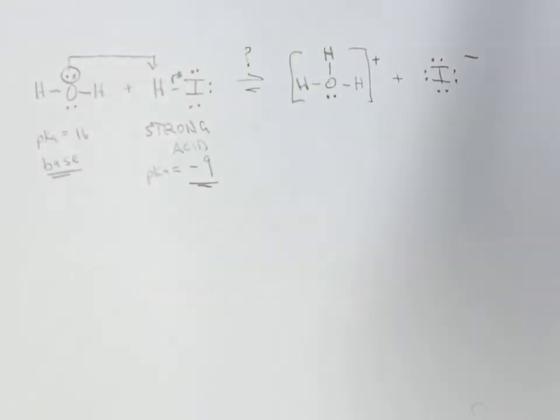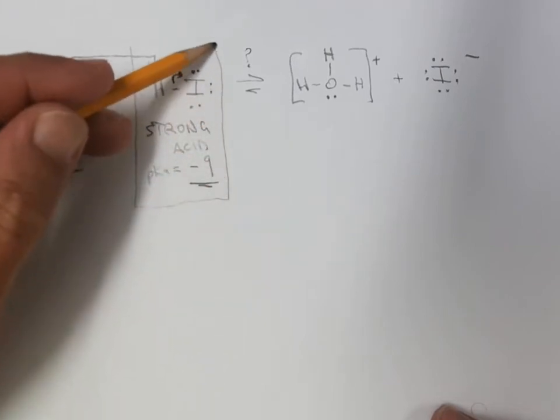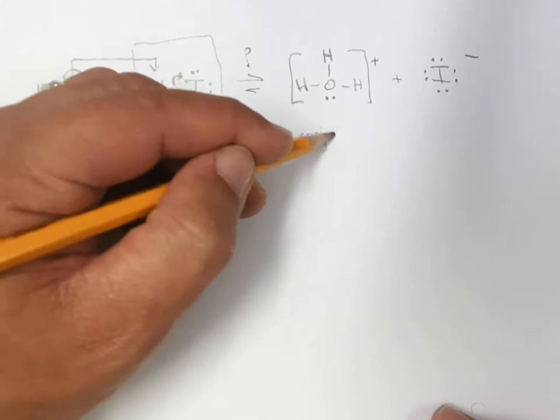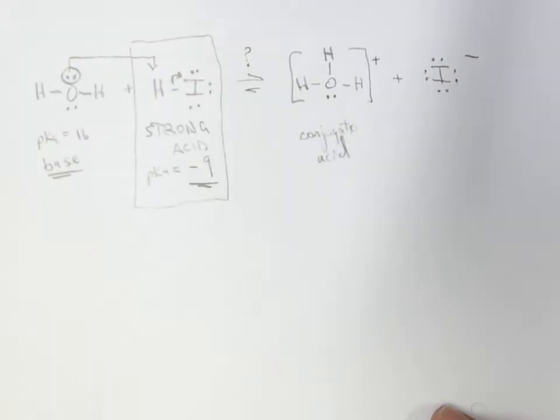And the question of will this reaction work or not will boil down to where's the weakest of the acids. So we're going to compare the strong acid, which is the acid on the reactant side, to the conjugate acid of the base reactant.